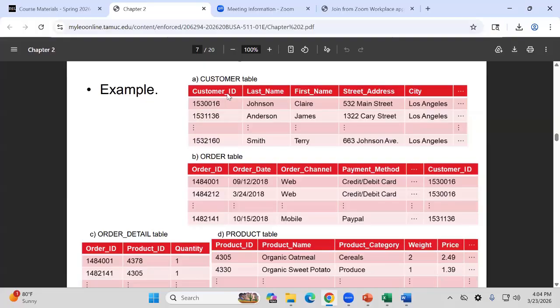So in the future, when a customer places an order on our website, we only need to record the customer ID, right? So we don't have to keep recording the customer name, address, phone number, email over and over again. This customer ID number can save a lot of computer storage space.